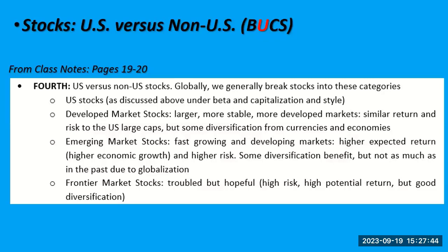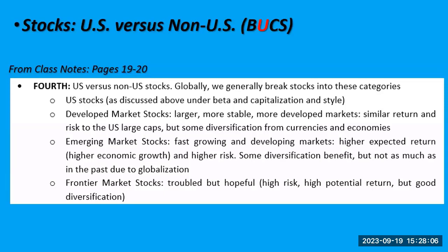So here are our subcategories. US, that's what we just talked about with beta, capitalization, and style. Then you have developed markets, emerging markets, and frontier markets. A developed market is essentially just like the US market: large cap, small cap, mid cap, style, growth and value.